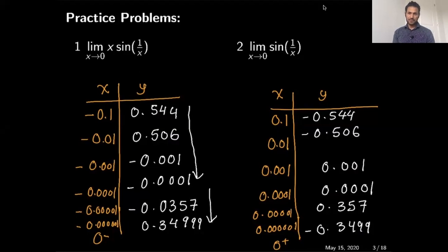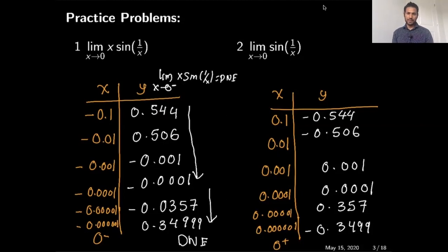Since the y values are not approaching a single number, we say this limit is DNE. So the limit as x approaches 0 from the left of sine 1 over x is DNE.